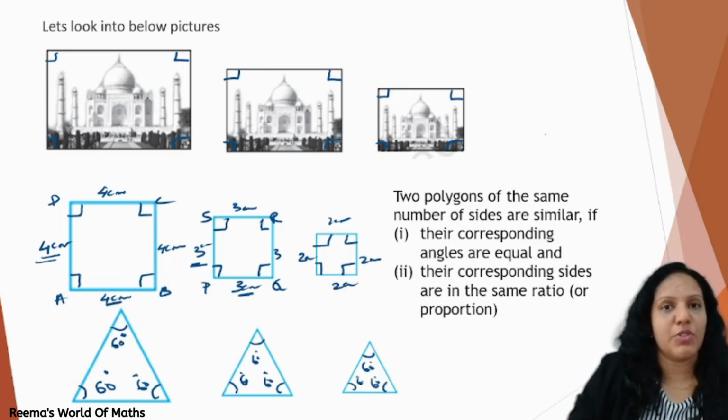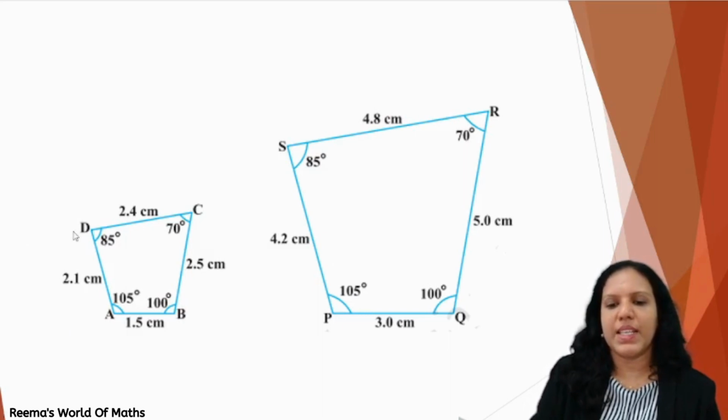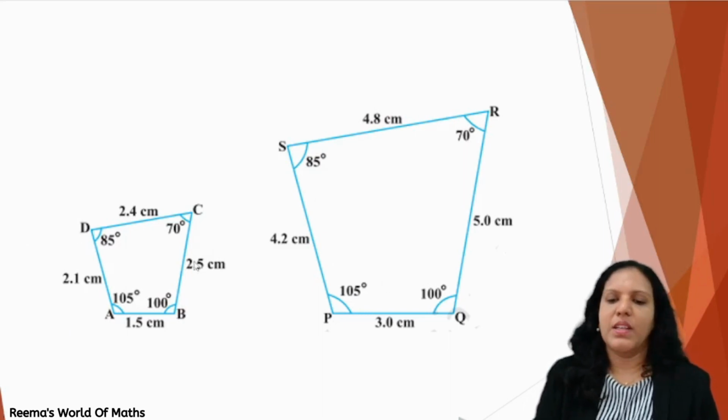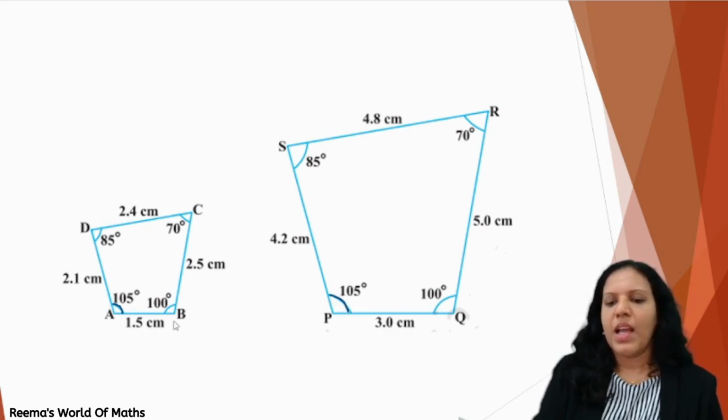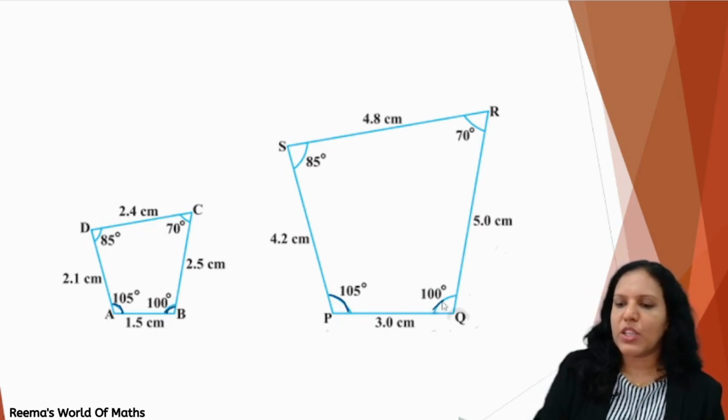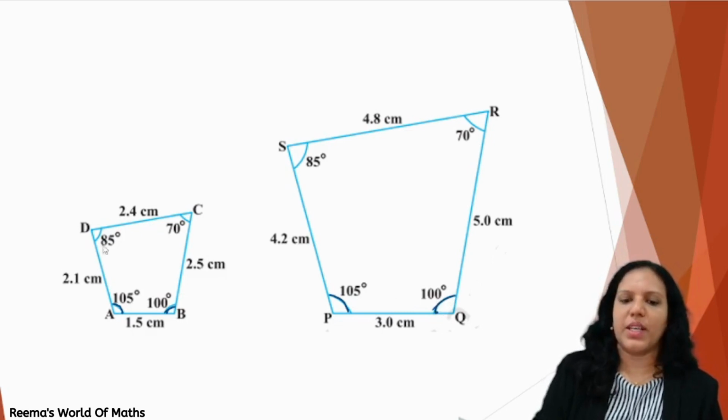Let's look into two different quadrilaterals, ABCD and PQRS. Let's look into the angles first. The corresponding angle of A, which is 105, is angle P, which is also 105, correct? Angle B is 100 degrees, and its corresponding angle Q is also 100 degrees.